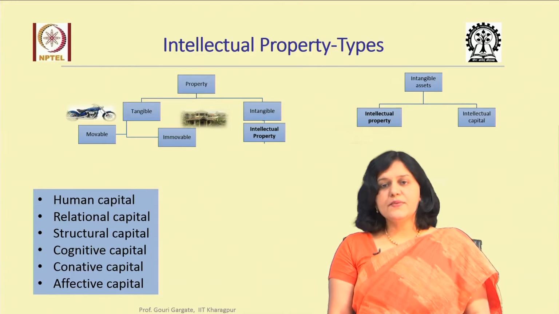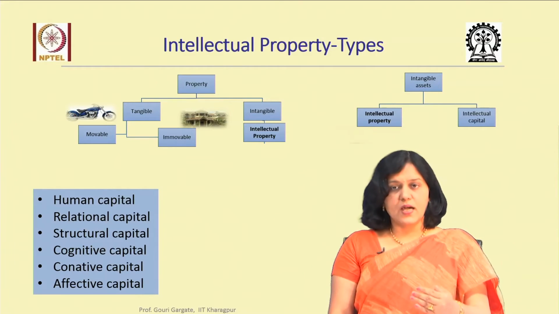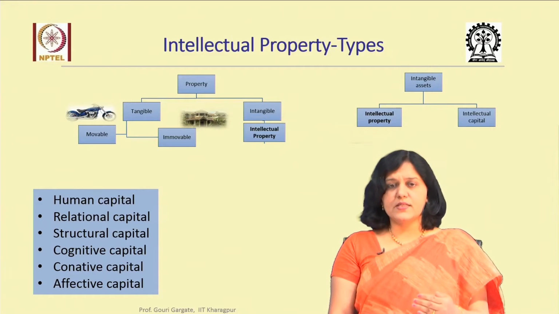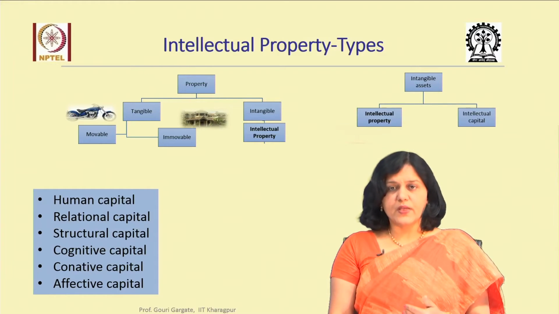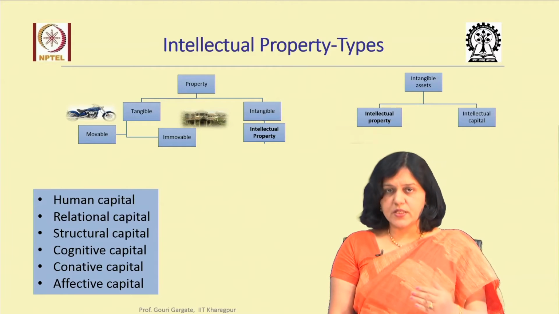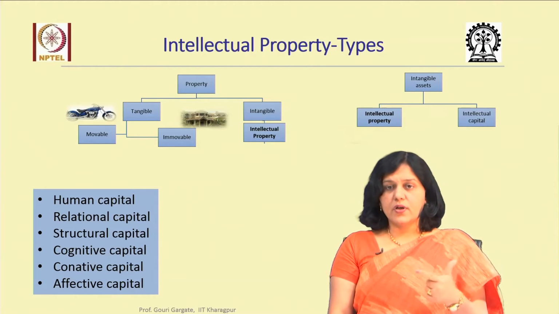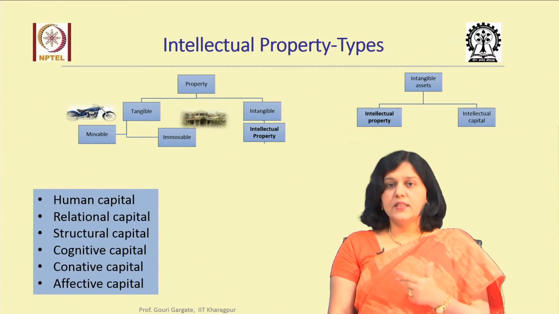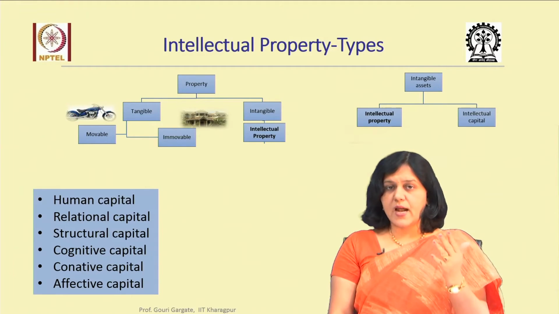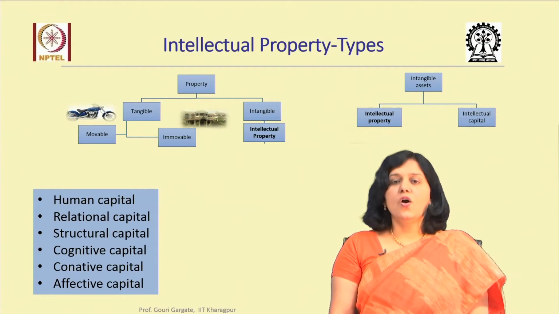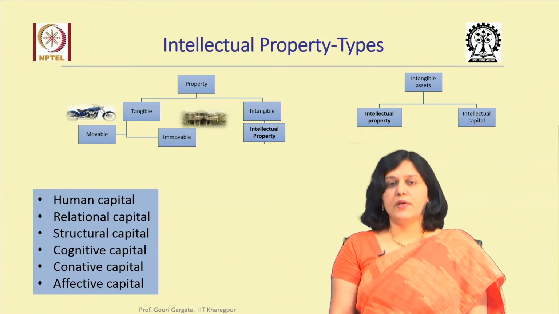Many times during development of the car model, they might have taken decisions based on their intuition, correct? Of course, that intuition is based on their knowledge in that subject, so that is cognitive capital. So, these three, cognitive, conative, affective, and then human, structural and relational, all together form innovation capital.